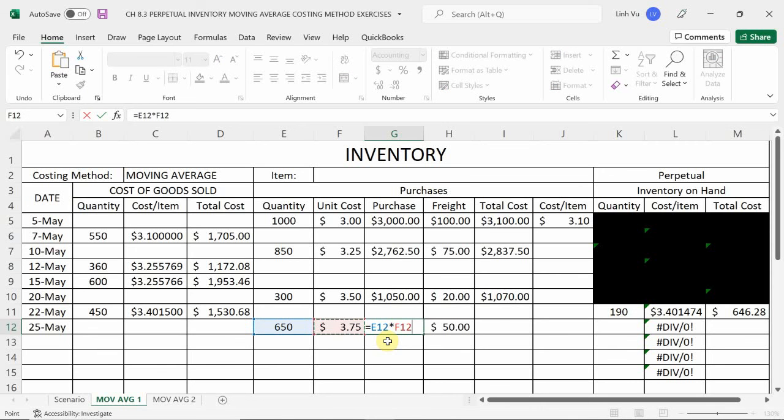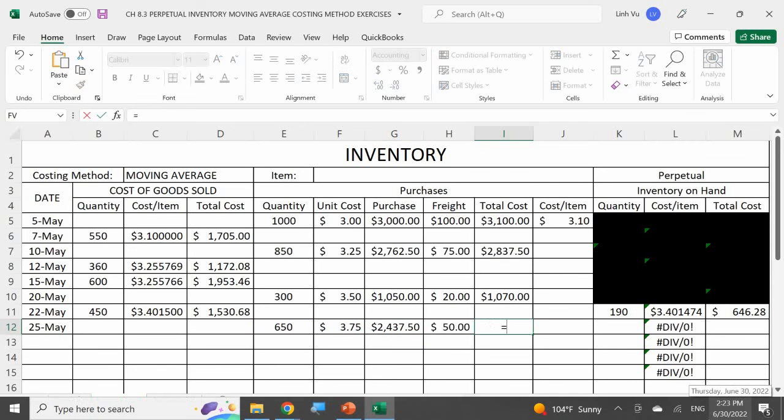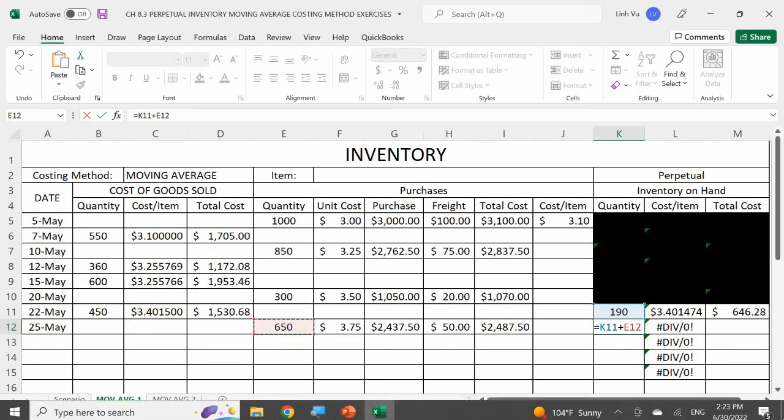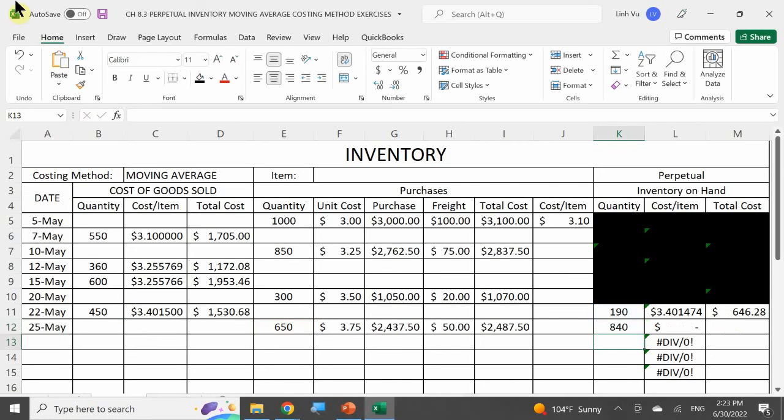I have $2,437.50. Plus $50 makes it $2,487.50. So in this case, what's my new quantity? 840 pieces. We have 840 available.